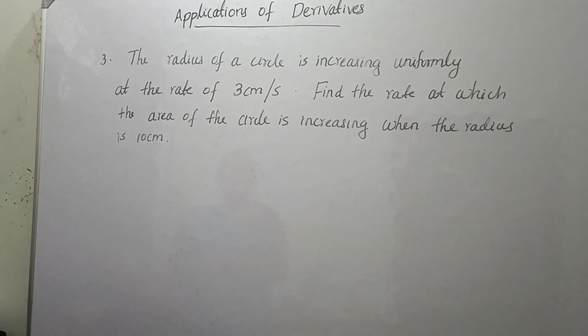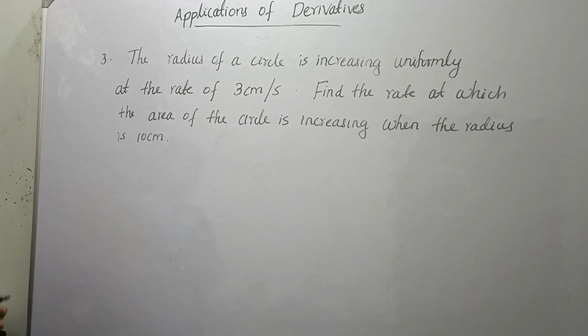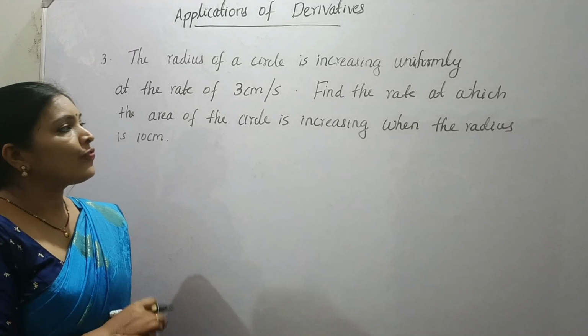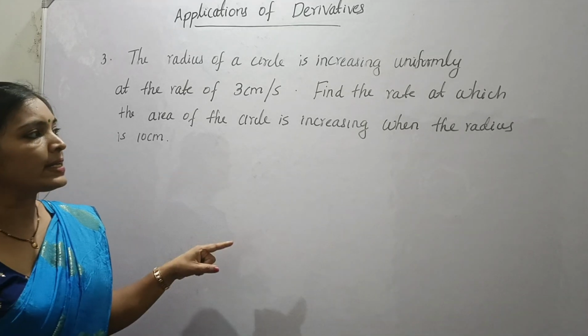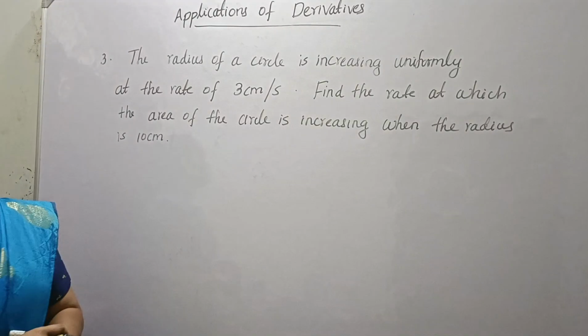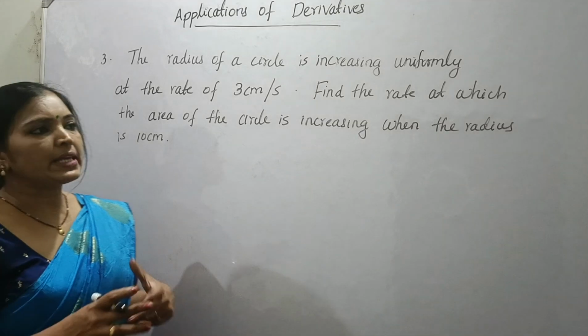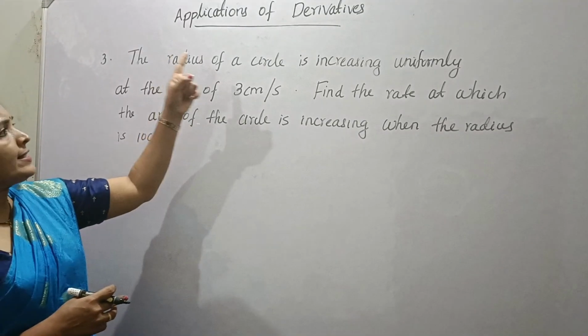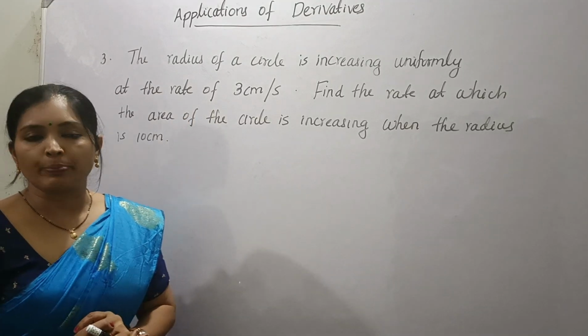Next question. The radius of a circle is increasing uniformly at the rate of 3 centimeter per second. Find the rate at which the area of the circle is increasing when the radius is 10 centimeter. Very simple question, right? So here what is given? The radius of a circle is increasing uniformly at the rate of 3 centimeter per second.